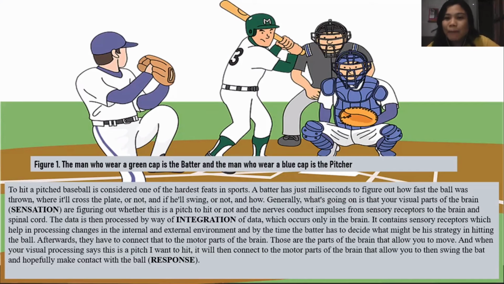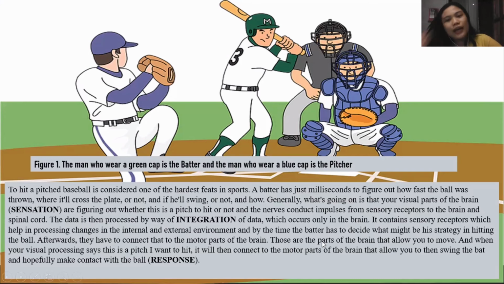So the batter must have very clear visual, a clear sight, and then he can think or decide what to do. So that afterwards they have to connect that to the motor parts of the brain.